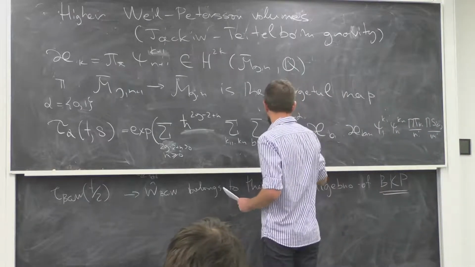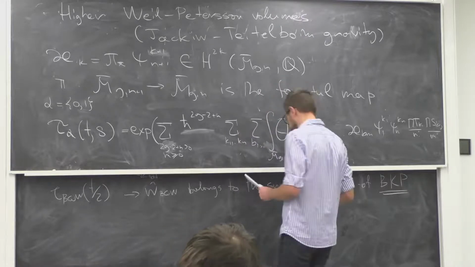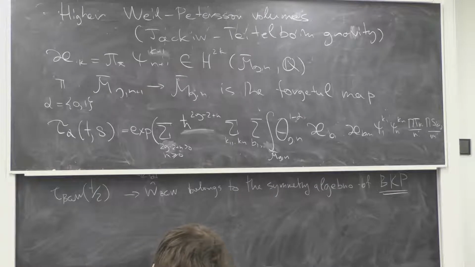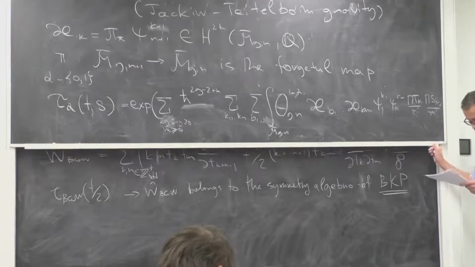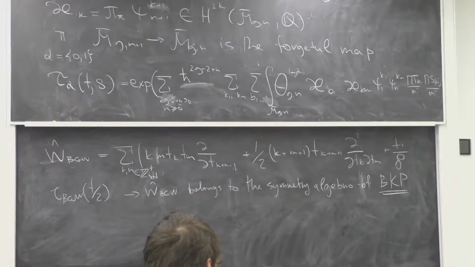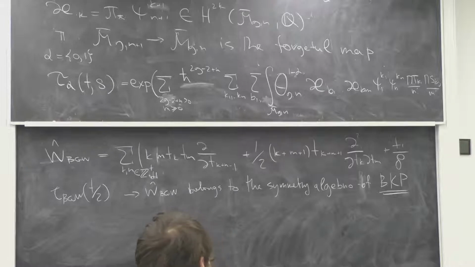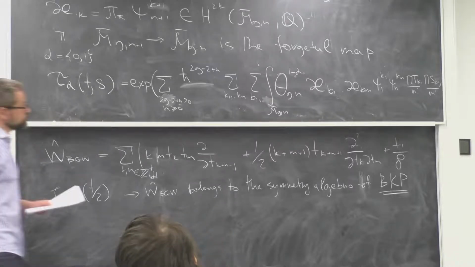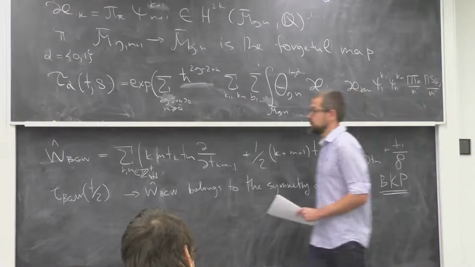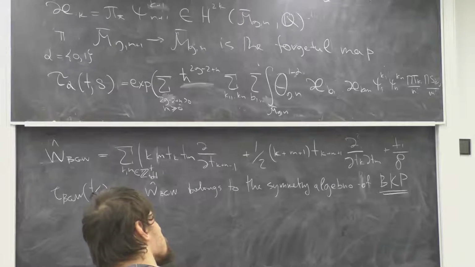So we have some integral over the moduli space. And it appears that the insertion of the kappa classes can be described just by the translation of the T variables.